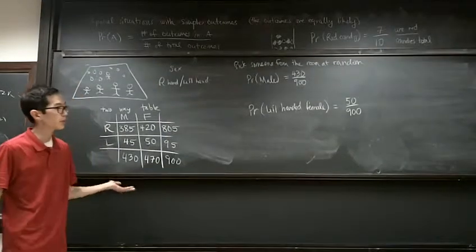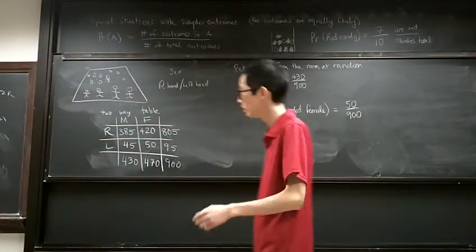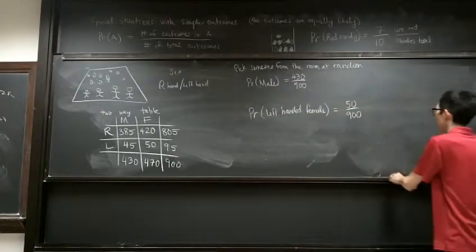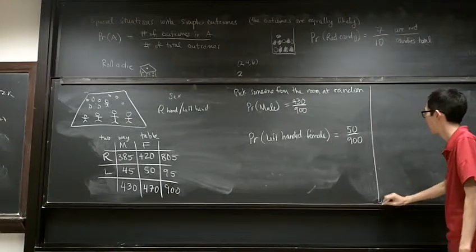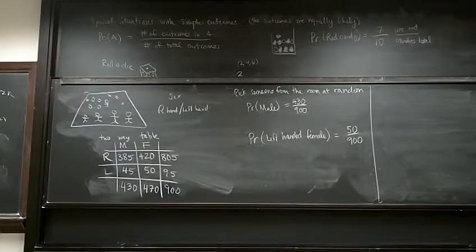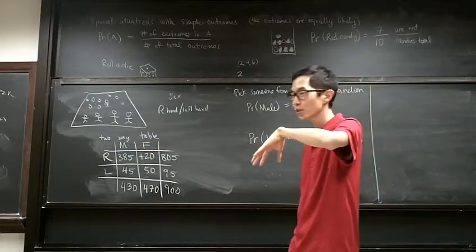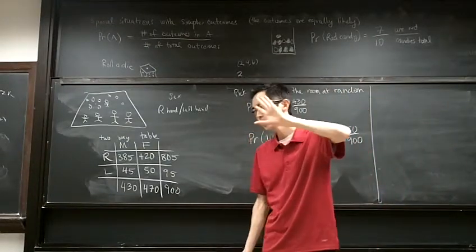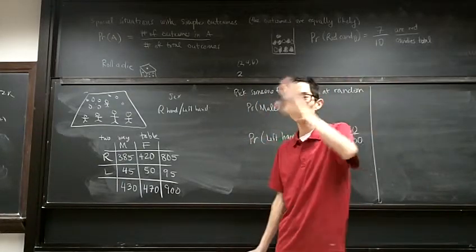But then we can make things more complicated, okay? Rather than picking from the entire room of 900, I can say, you know what? I'm only going to pick from the males, or I'm only going to pick from the females.